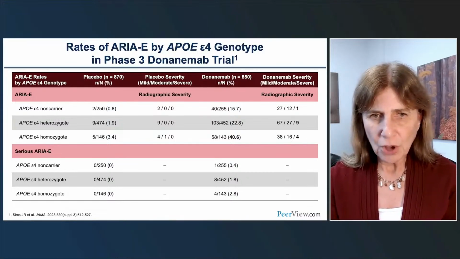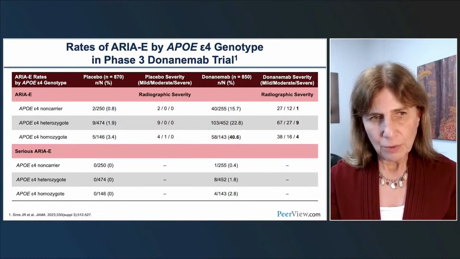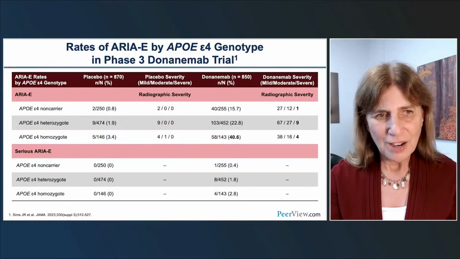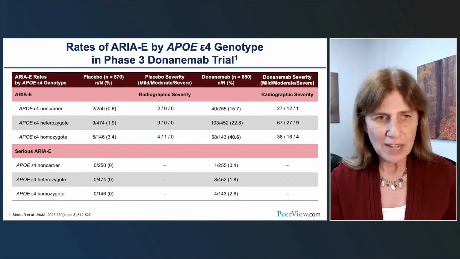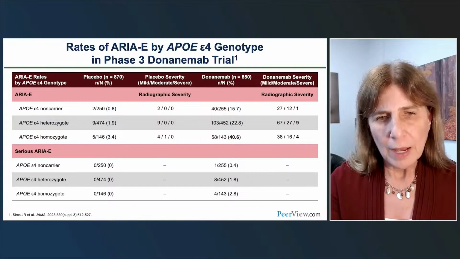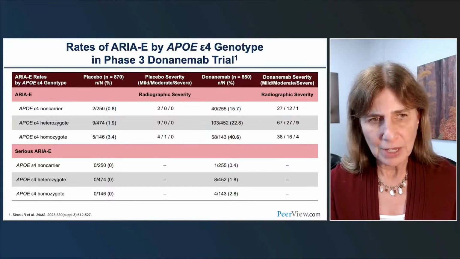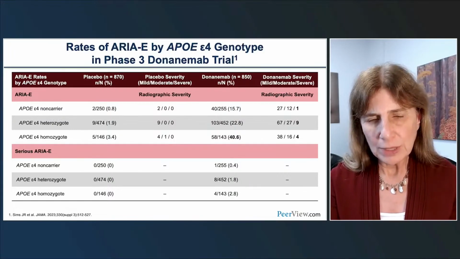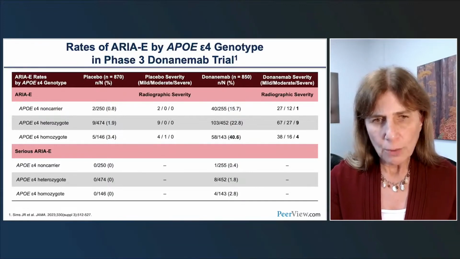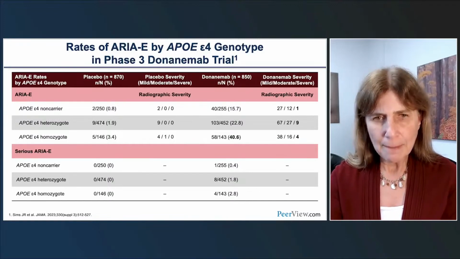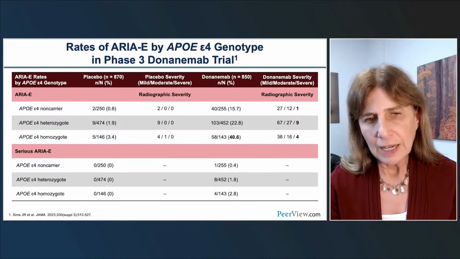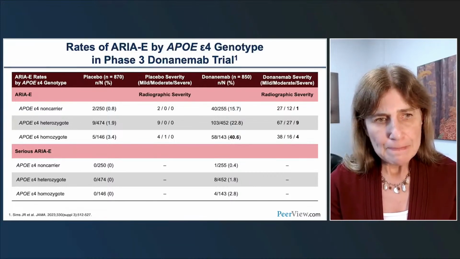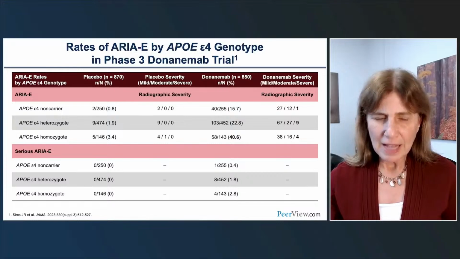In this third column, there is a 15.7% rate of ARIA-E in ApoE4 non-carriers, going up to 22.8% in heterozygotes and 40.6% in homozygotes. So this is about twice the rate as what we saw in lecanemab, but the same pattern of increase based on ApoE4 carrier status.